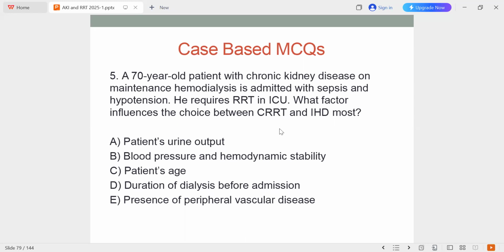A, patient's urine output. B, blood pressure and hemodynamic stability. C, patient's age. D, duration of dialysis before admission. E, presence of peripheral vascular disease. Which one will influence your choice? B, blood pressure and hemodynamic stability. Beautiful. Good, good.